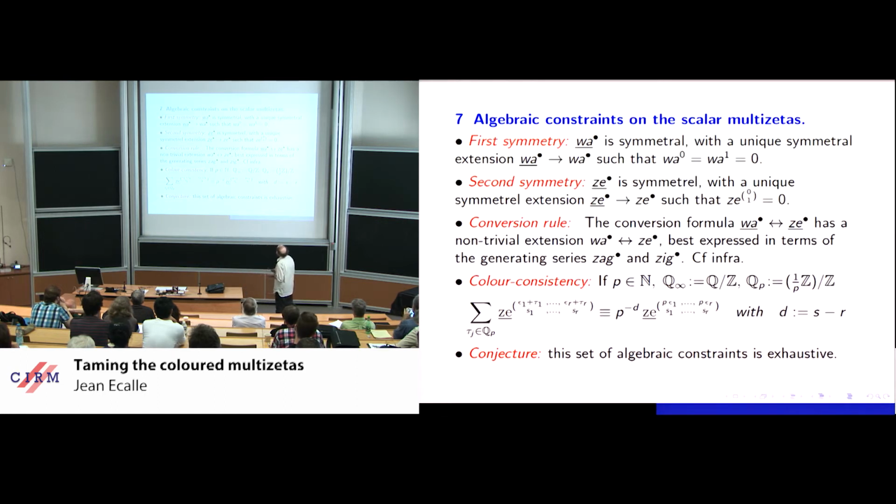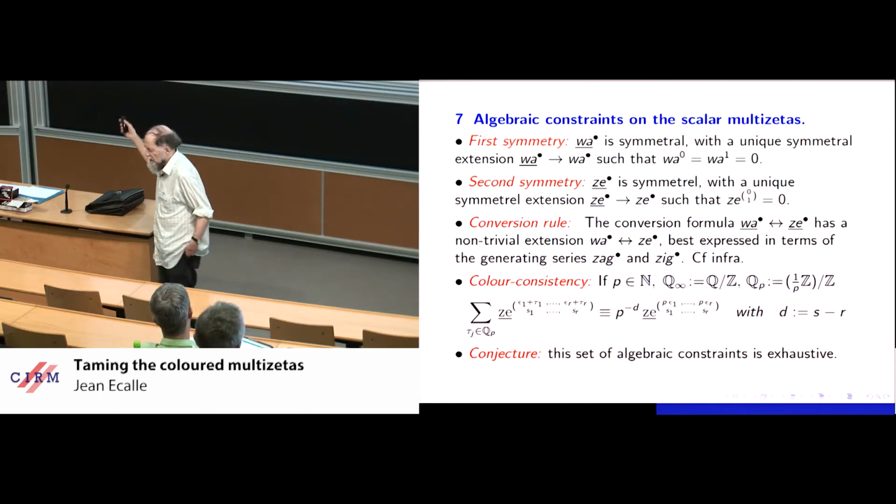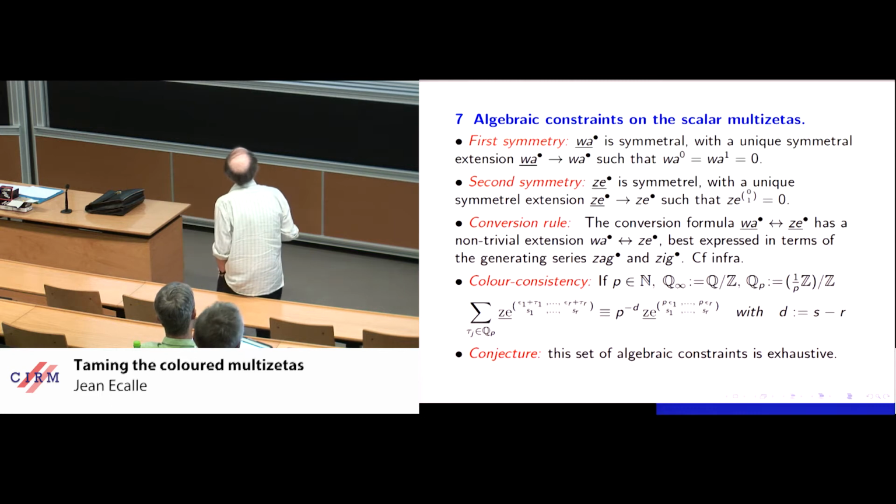So the algebraic constraints, all of you are familiar with that. Each encoding comes with its own multiplication rule. For the first encoding, the mould is symmetral. The second one is symmetrel.